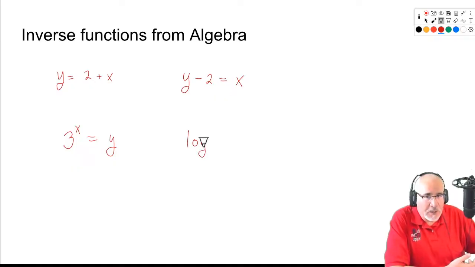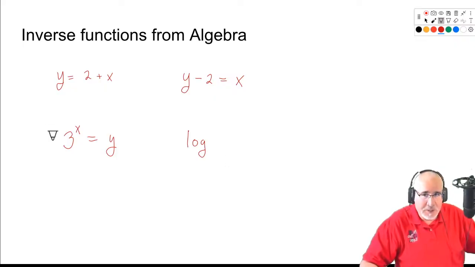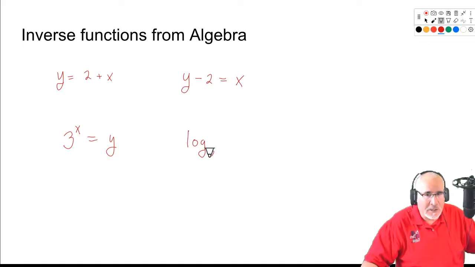And with the log function, this 3, this base, because there's a separate logarithm for each different base, so if this was 2.6, we'd have a separate logarithm for that, and that would go right here. So it's a log base 3, so that's where the 3 goes. And then again, this x has to go to the other side, so the y is going to come in.